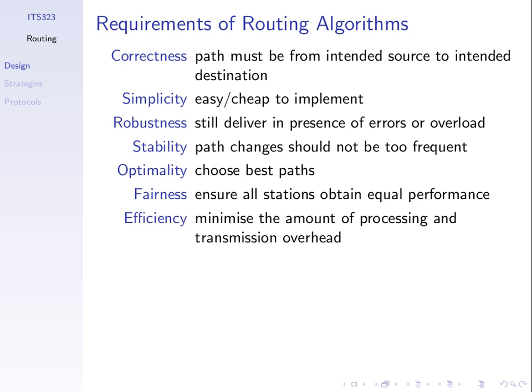It's hard to illustrate on a diagram. But there is the requirement that we be fair amongst all stations so they get equal performance. Again, that may have some trade-off with optimality and even efficiency. So to get the optimal paths, it may not be fair in some cases. Some nodes may be treated worse than others. So these are some of the general requirements we need for a routing algorithm.